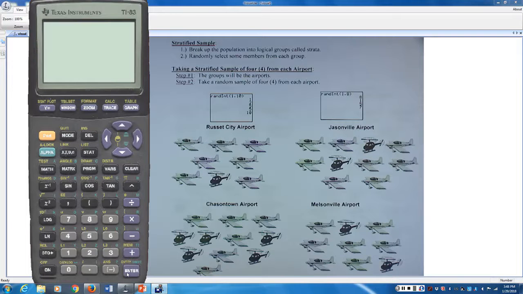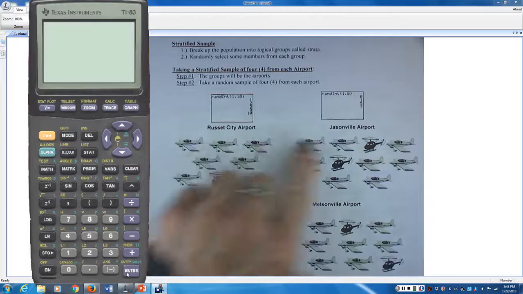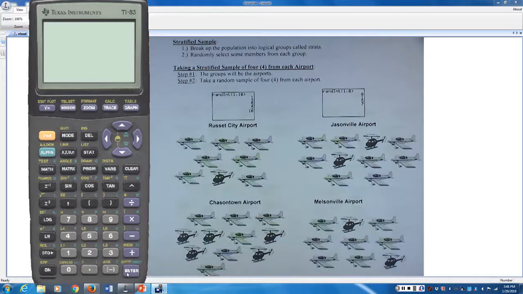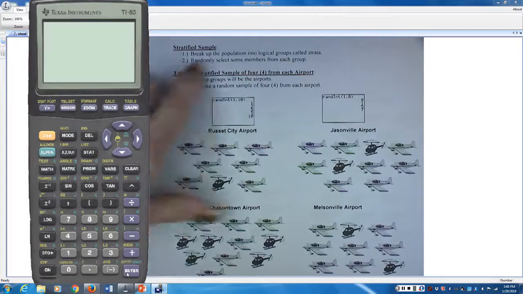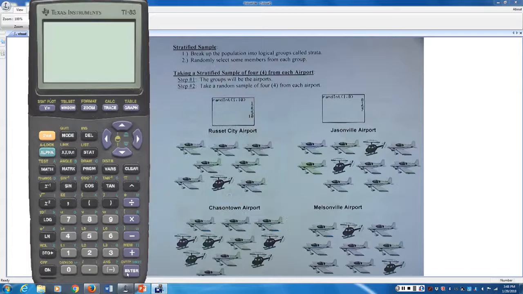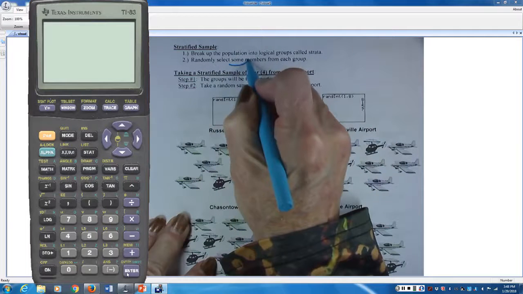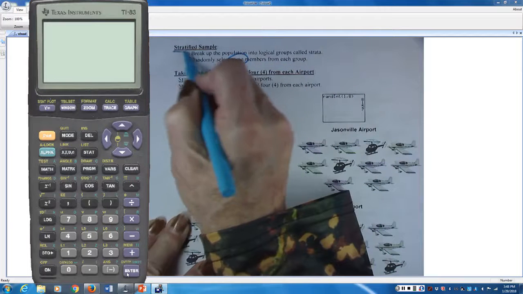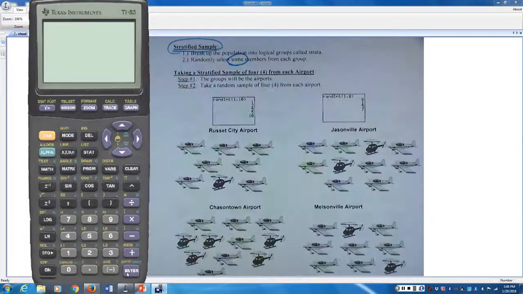So my 4 groups in this case are Russet City, Jasonville Airport, Chasentown Airport, and Nelsonville Airport. Okay, those are my 4 groups. I'm going to select some members from each group. Some members goes along with the idea of a stratified sample.